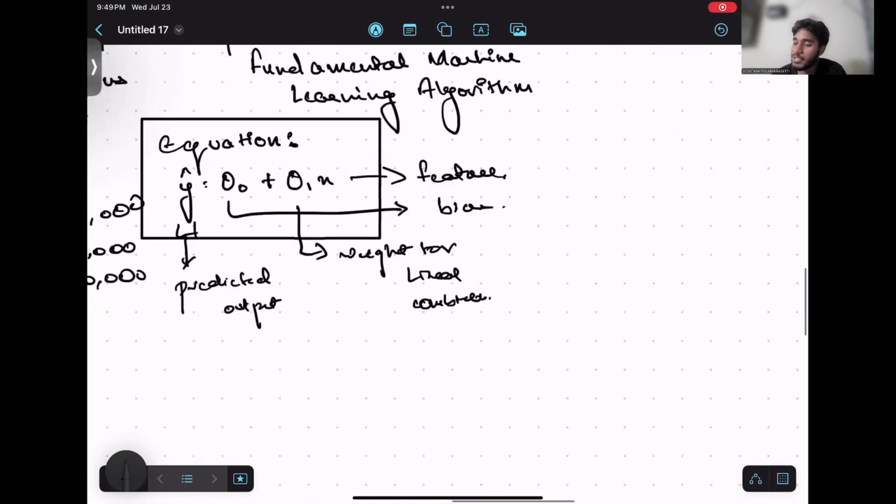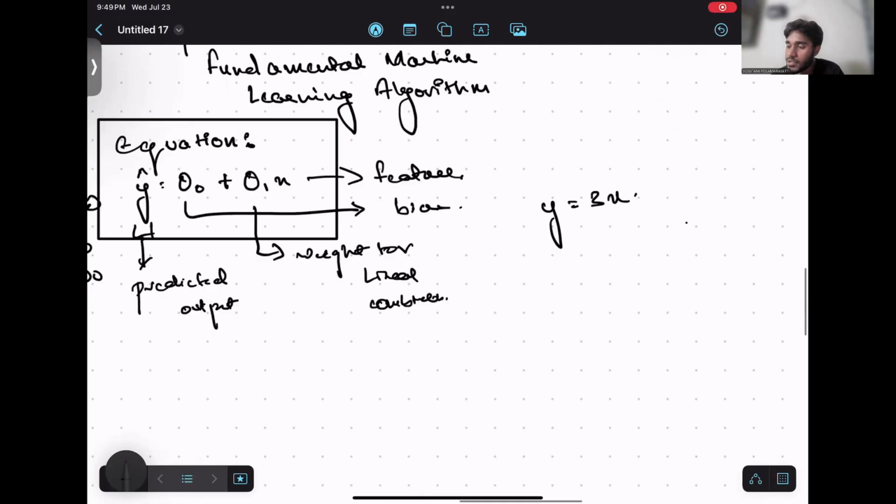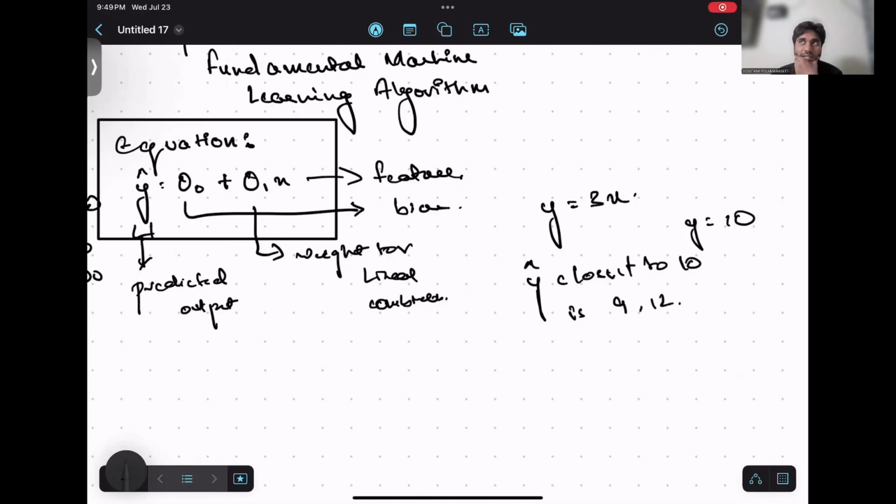For example, if we take the equation y equals 3x, and we want to find an output which is somewhere around y equals 10, and we don't have any bias term here, the predicted outputs y hat closest to y equals 10 are 9 and 12. 9 is not equal to 10, and 12 is also not equal to 10.